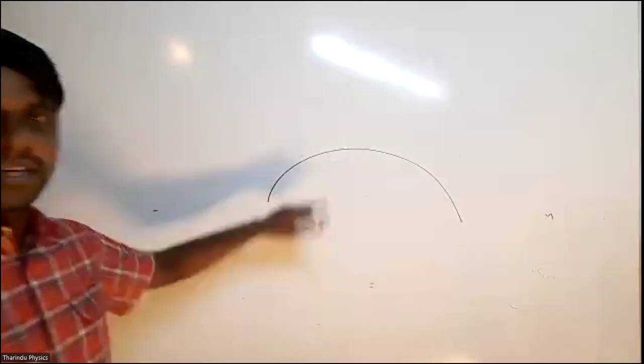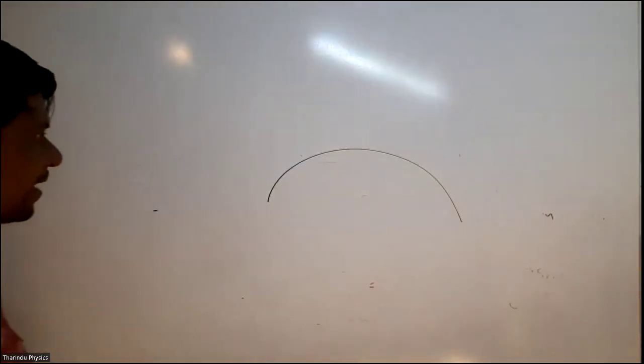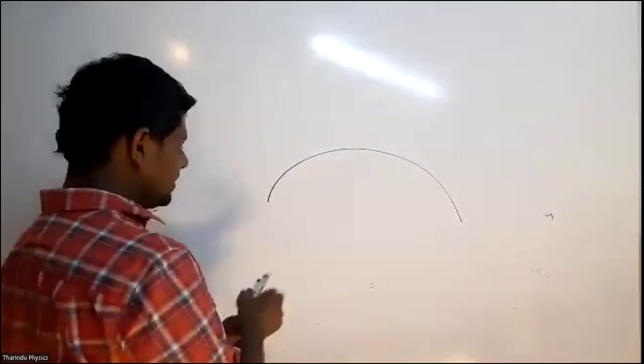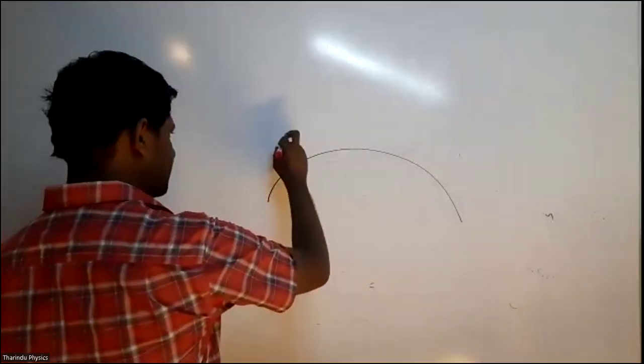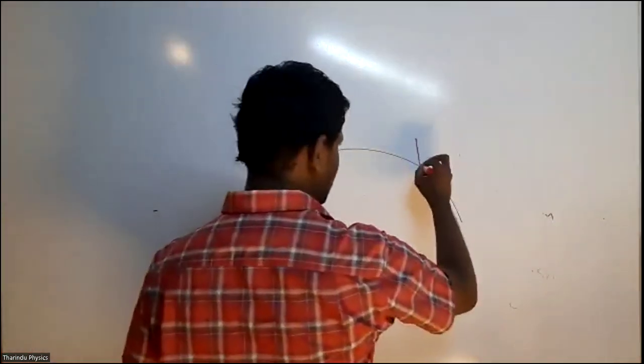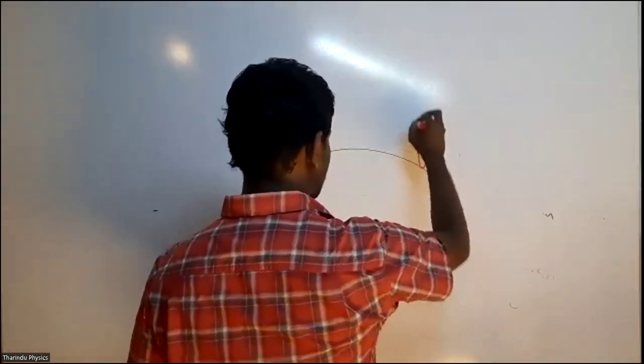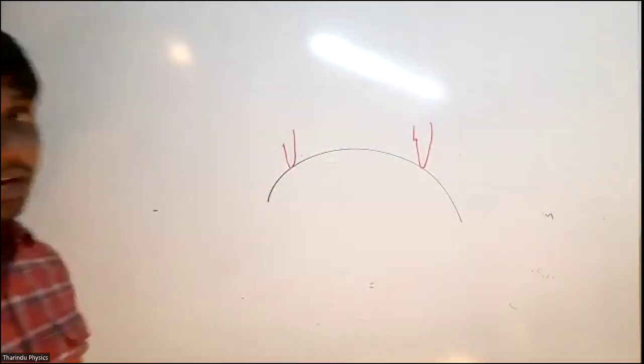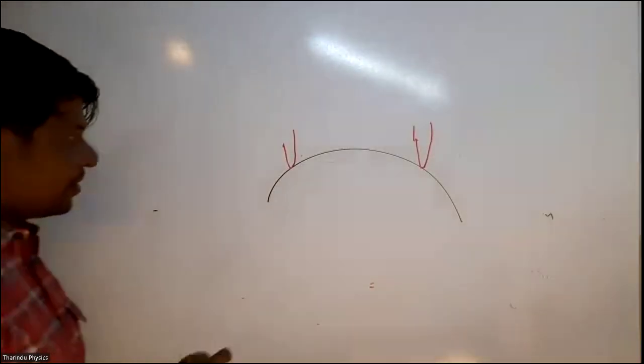Okay. This is the spherical part we have. I will just keep the spherometer in this manner. There is a third leg as well, but I'm not going to consider that one.